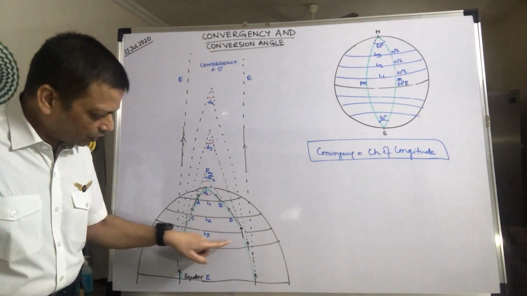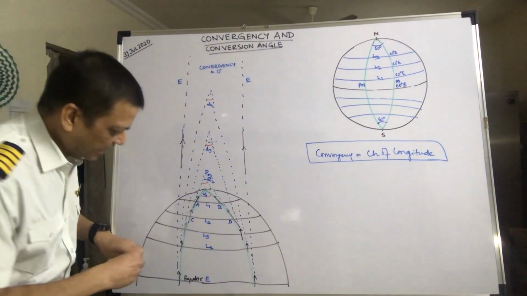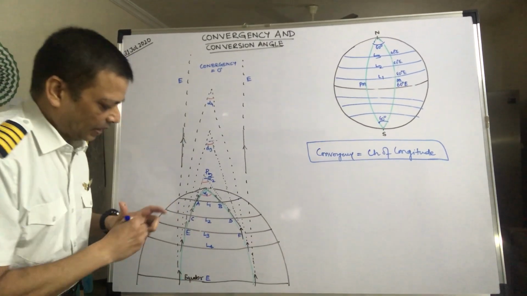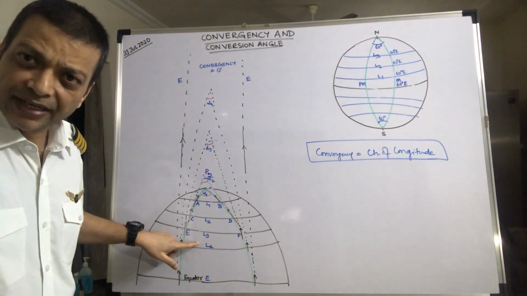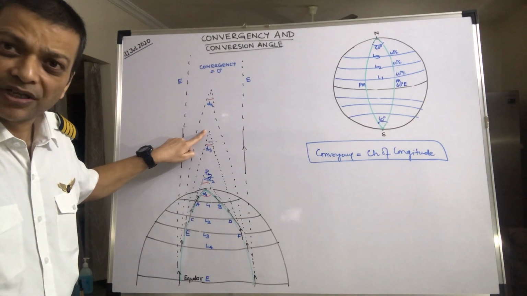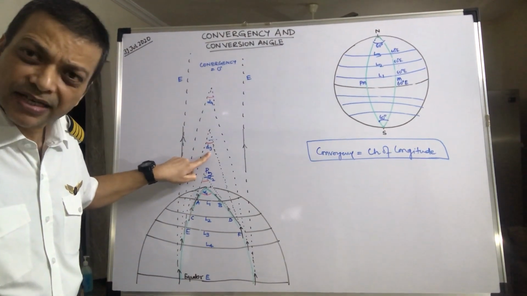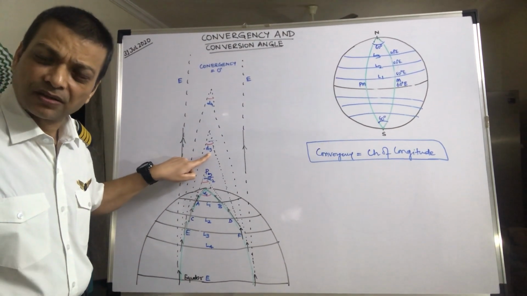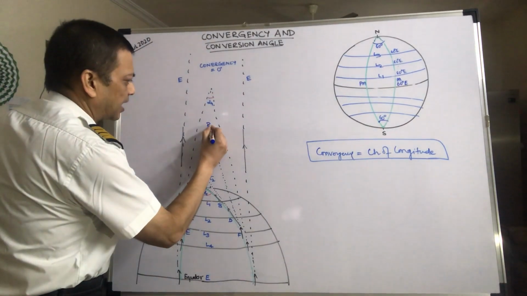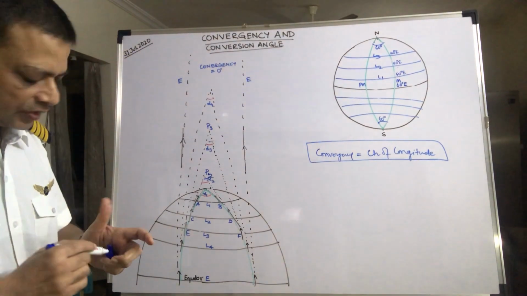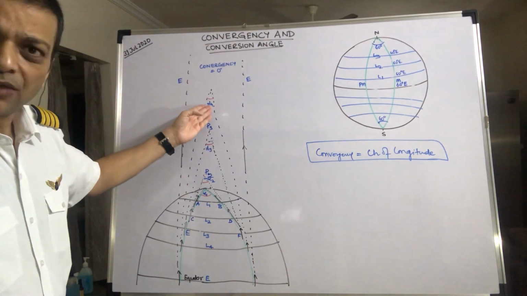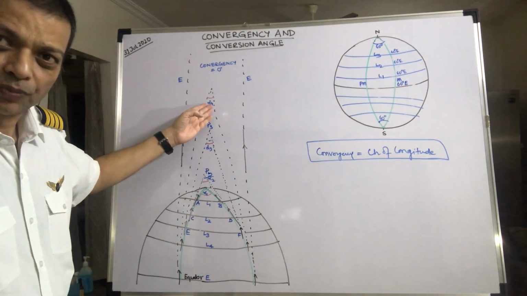Similarly, if you draw two tangents at E and F at the latitude L3, they will intersect and make an angle of L3 or Alpha 3, or you can also call this P3. Similarly for latitude 4, the angle which is subtended is L4.